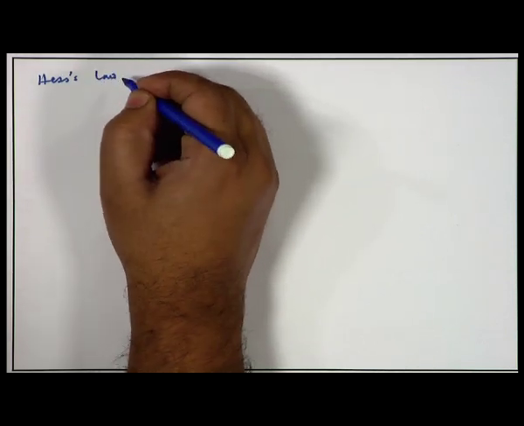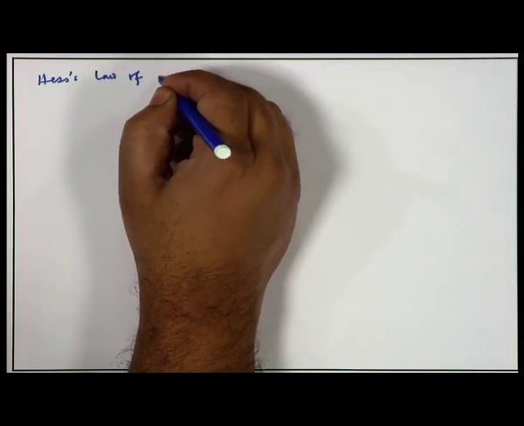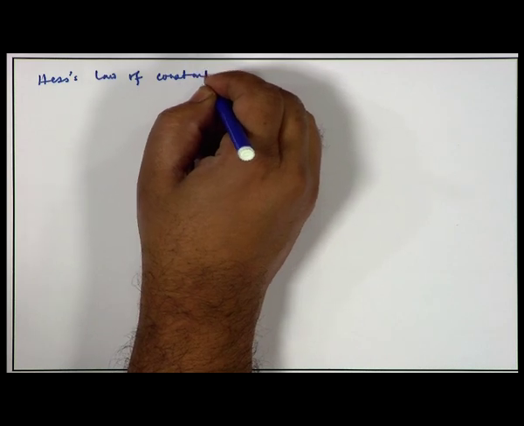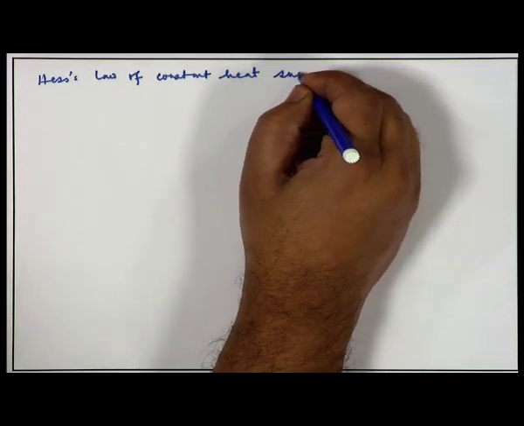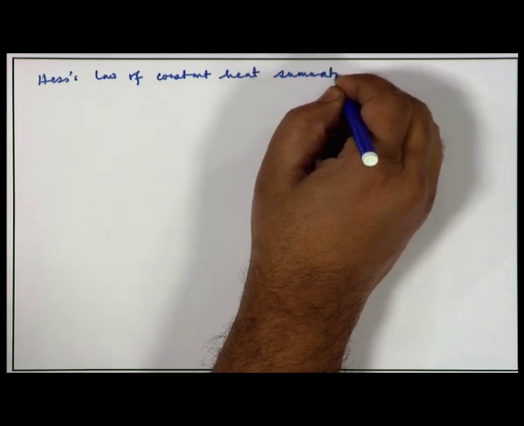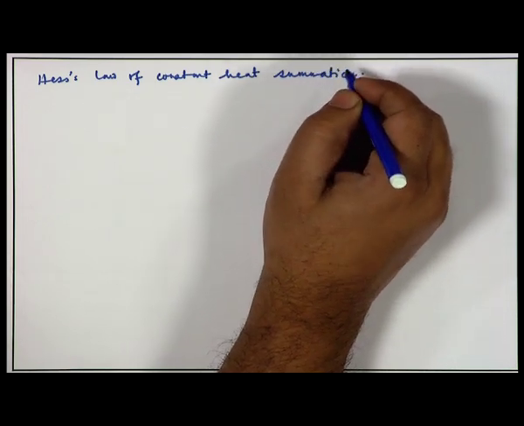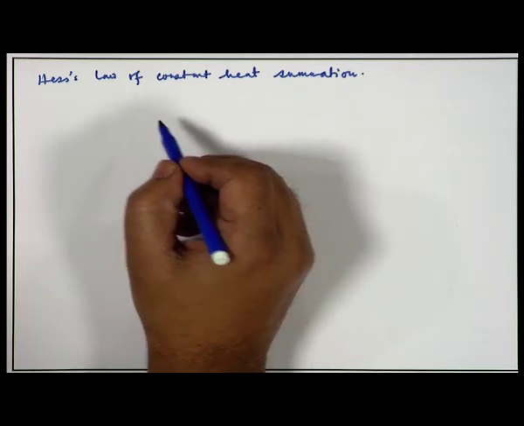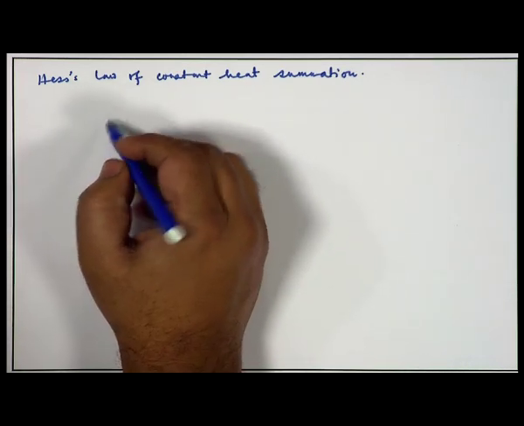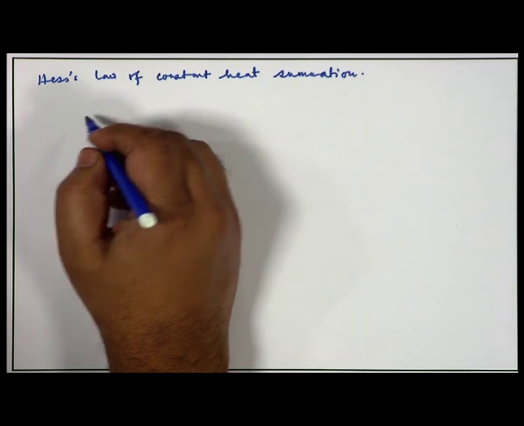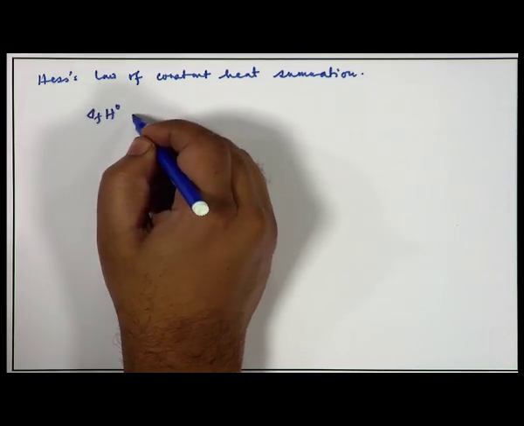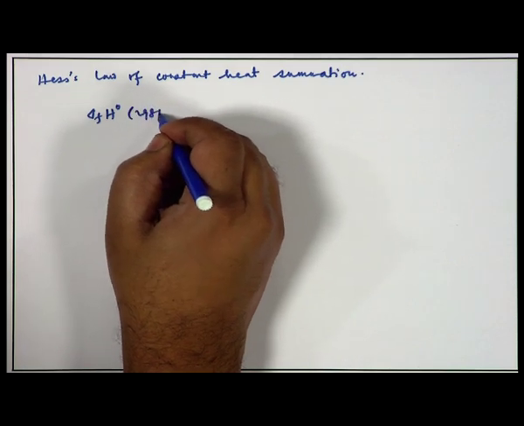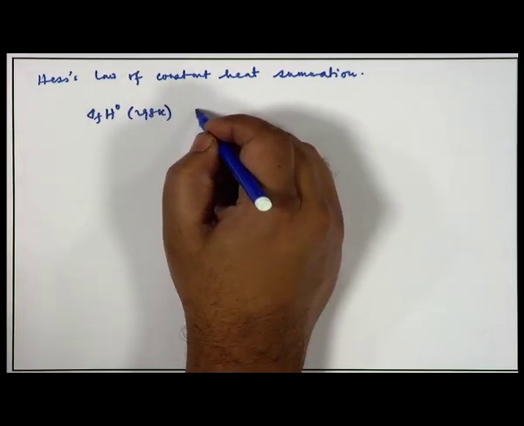Hess's law of constant heat summation. Suppose we want to find out, with just an example it will be clear, we want to find out delta f H 0 at 298 K of ethane gas.